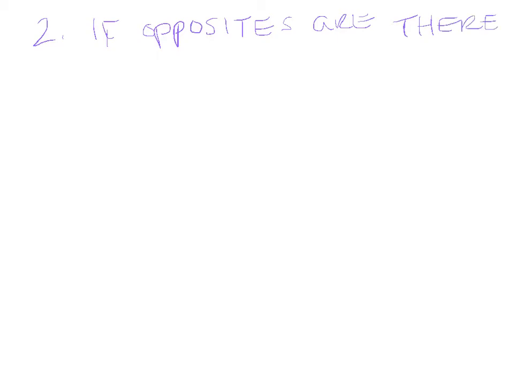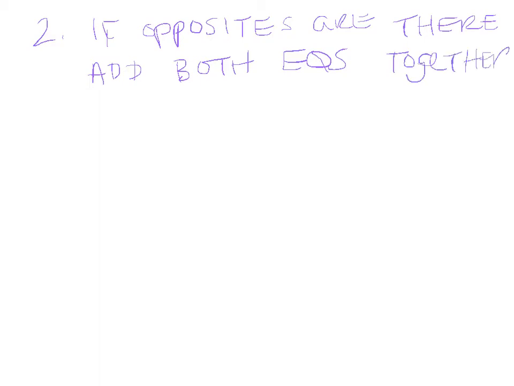Step 2 is if opposites are there. So if when you're aligned you see a clear opposite, -2 and +2, or -5 and 5, if opposites are there, add both equations together.